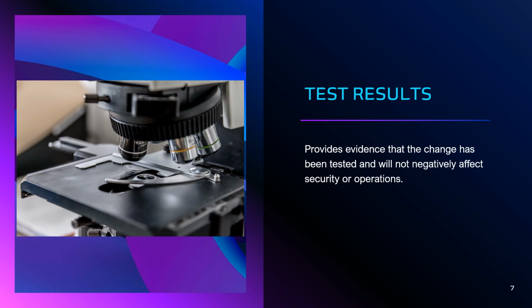Again, depending on the nature of the change in the systems, sometimes there are not test systems in place, and also depending on if it's a critical system, you don't have a duplicate of everything.